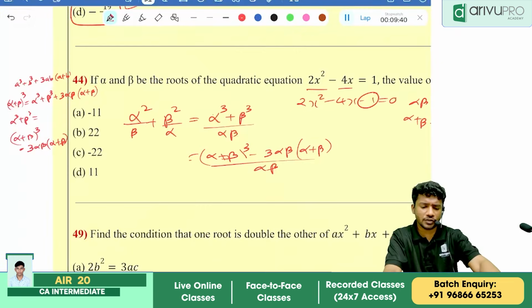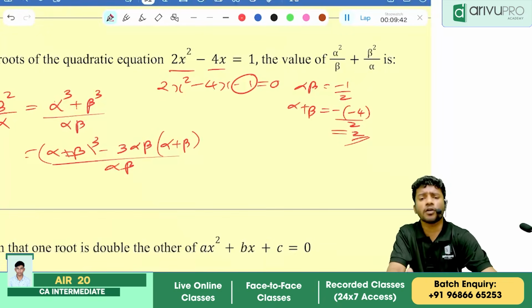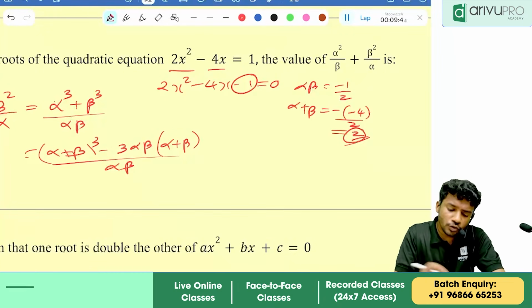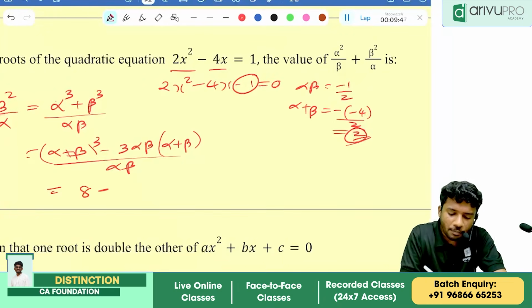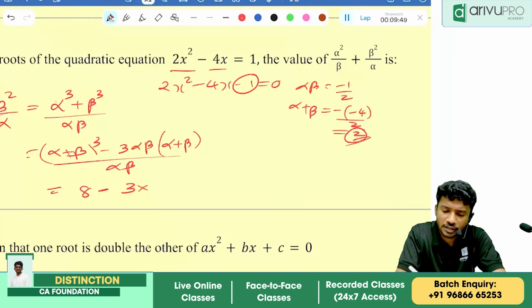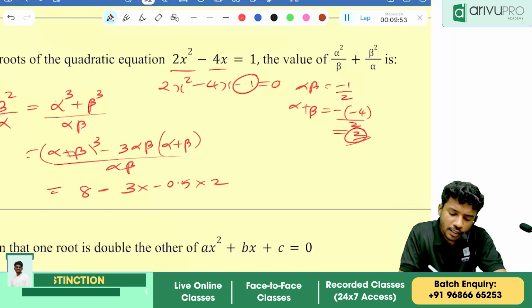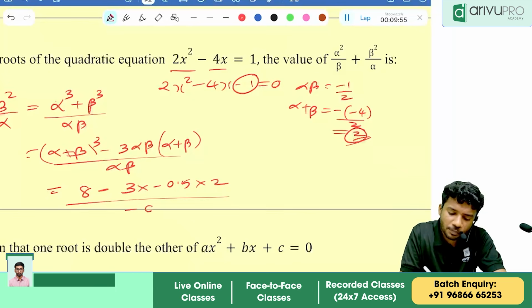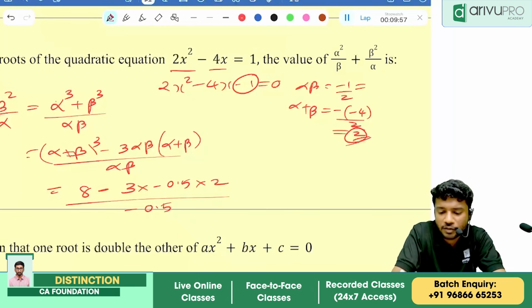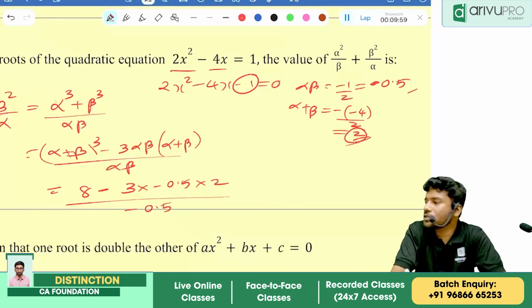Substitute all the values. Get me the values. Alpha plus beta the whole cube. How much is it? 2 cube. That is 8 minus 3 into alpha beta is nothing but what? Minus 0.5 into 2 divided by what? Minus 0.5. How did I get minus 0.5? Which is equal to minus 1 by 2.